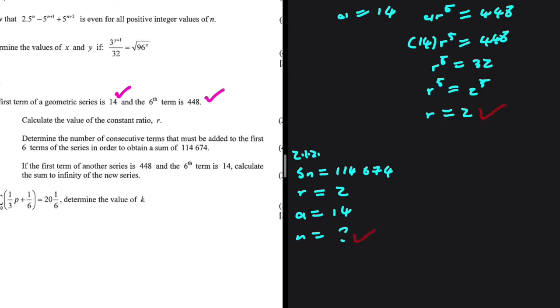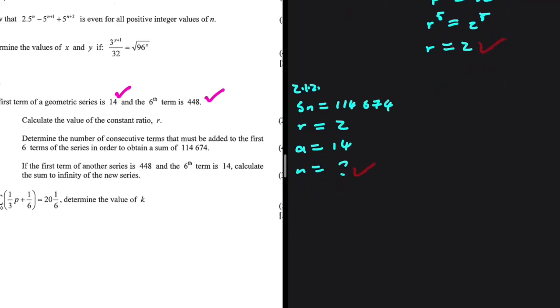So if we just go ahead and find the number of terms required to give us a sum of 114,674 and subtract 6 from that number of terms, we're going to have the number of consecutive terms that must be added to the first 6 terms of the series in order to obtain that sum.